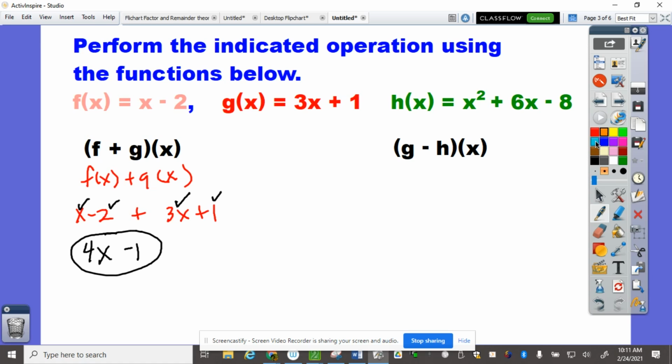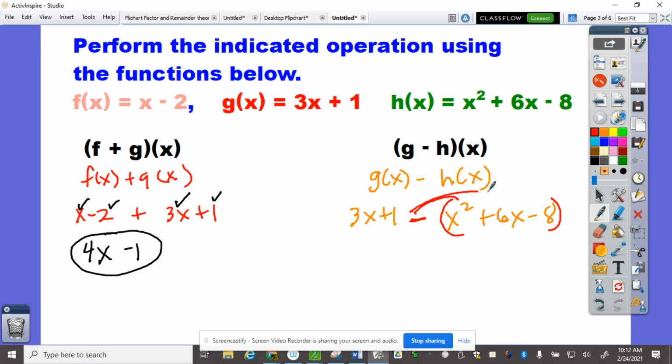Very simple. So next, g minus h of x, or that means g of x minus h of x. My g here is 3x plus 1 minus h of x. Remember that this x squared plus 6x minus 8 will need to distribute that negative there. So you have to understand that there should be a parenthesis on that.